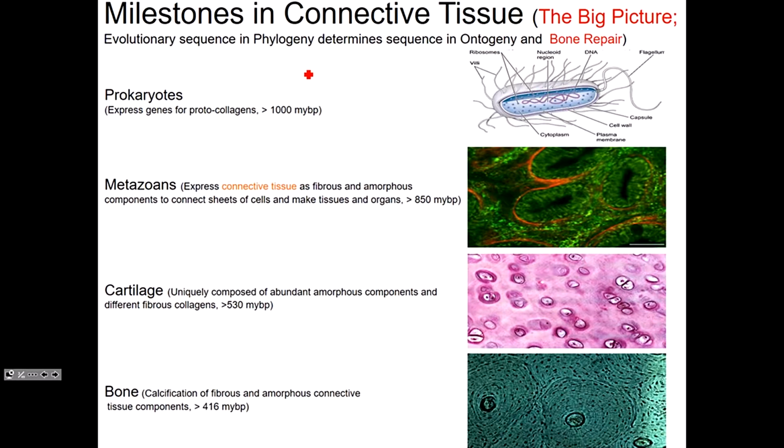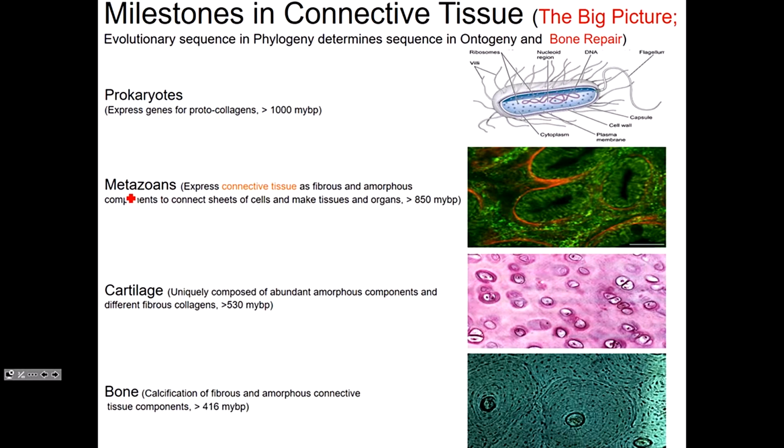So way back when, with our prokaryotes, remember our prokaryotic story, prokaryotes like bacteria already express a proto-collagen gene or genes. We don't know what they do in bacteria, but they're there, which is very fortuitous, because then they're available to evolve into something more useful in metazoan life forms, i.e. multicellular life forms.